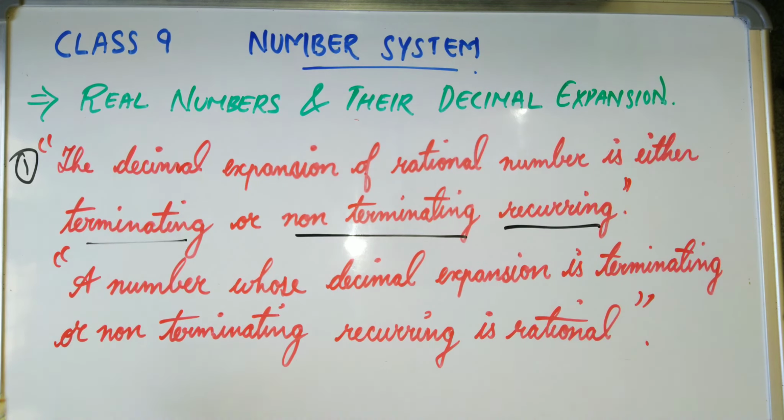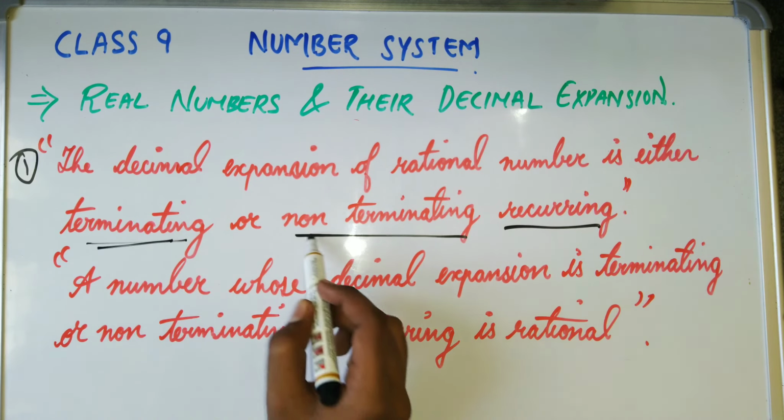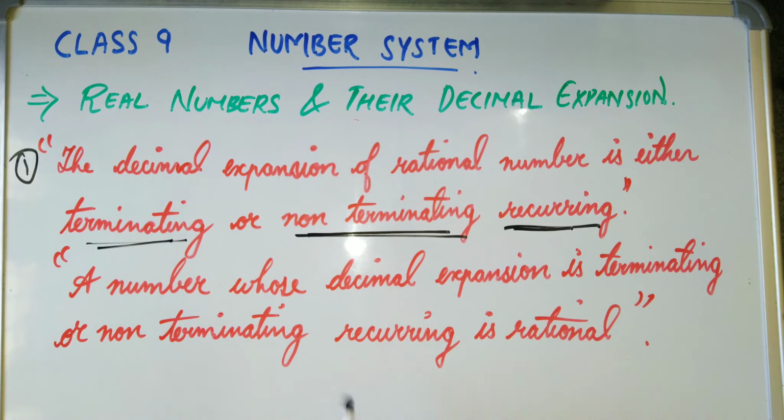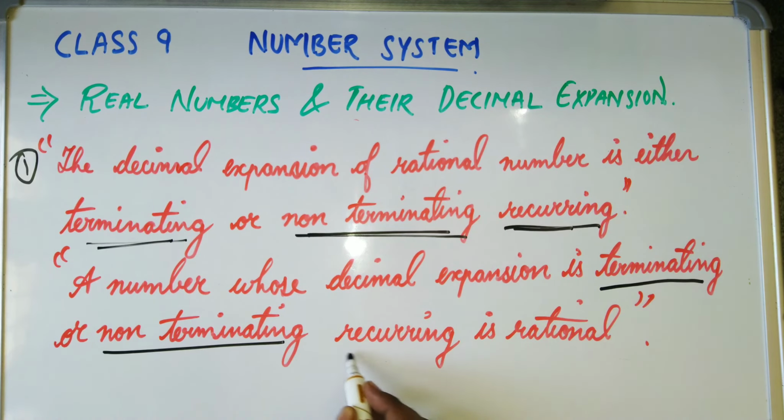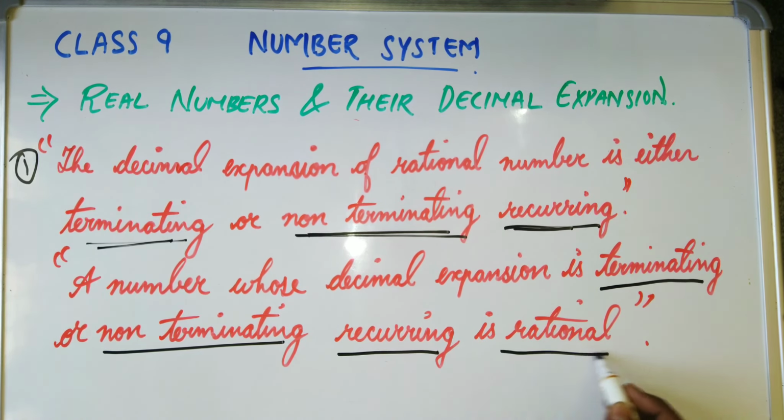As I said already, we have two decimal expansions of a rational number, that is terminating as well as non-terminating and repeating. In other words, a number whose decimal expansion is terminating or non-terminating repeating is a rational number. So it's basically vice versa.